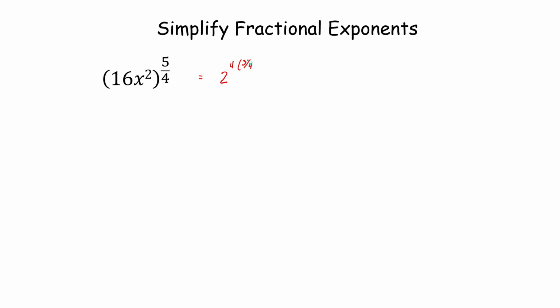Times 5 over 4 rather. And then that x squared can be multiplied as x squared times 5 over 4. Now we can cross out the 4 and that leaves us 2 raised to 5 only. We can cross out the 2 and the 4 and that gives us 5 over 2. So x raised to 5 over 2.